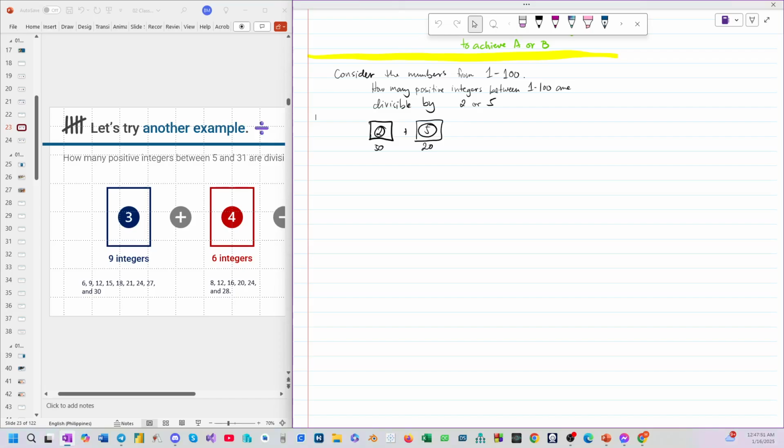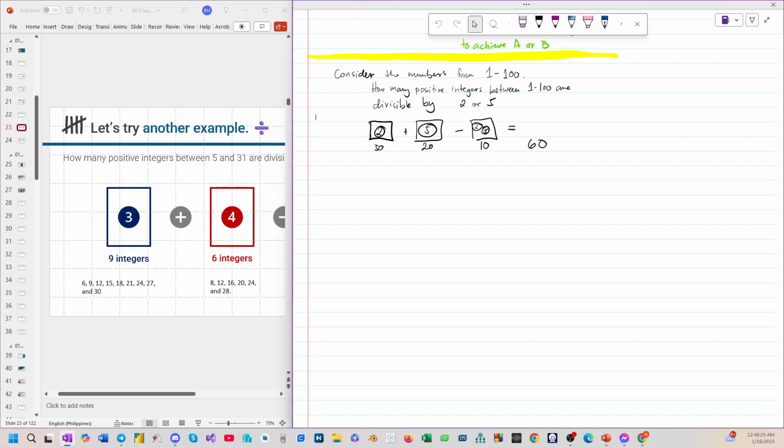These are all of the multiples of 5 across 1 to 100. Now, we're going to subtract what is common, which is multiples of 2 and 5, or 10. So how many are there? The multiples of 10: 10, 20, 30, 40, 50. So we have 10. So we have 50 plus 20 is 70, minus 10 is 60.